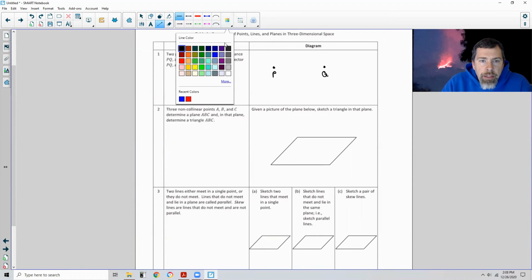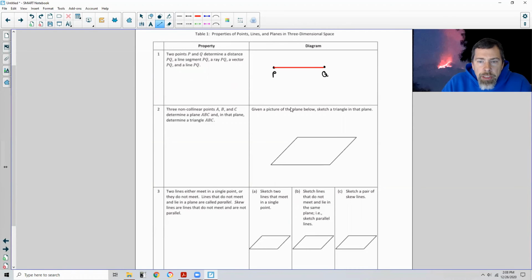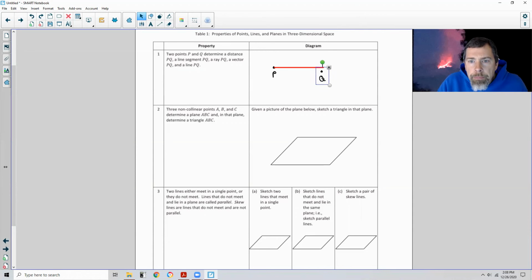Now let's start thick and red. So here is segment PQ. Okay, let me just move this a little bit. Close enough right there.